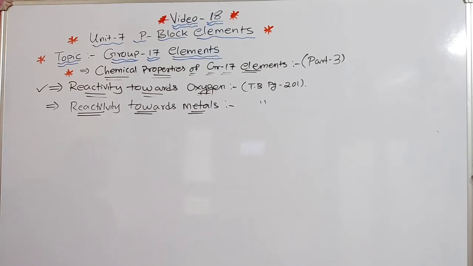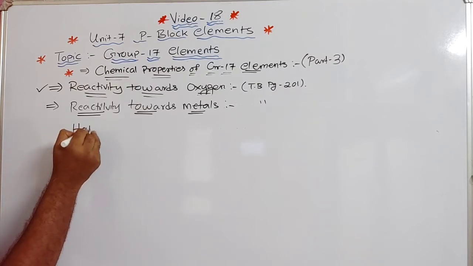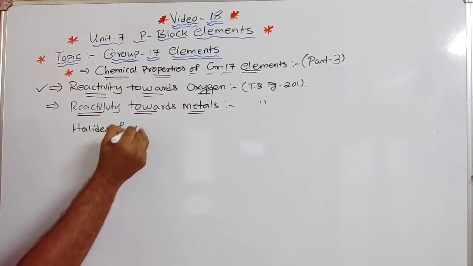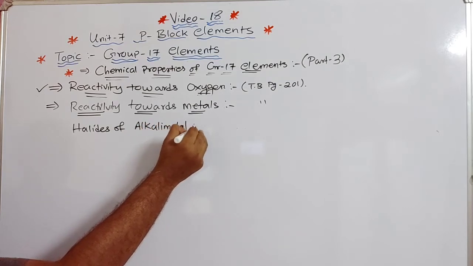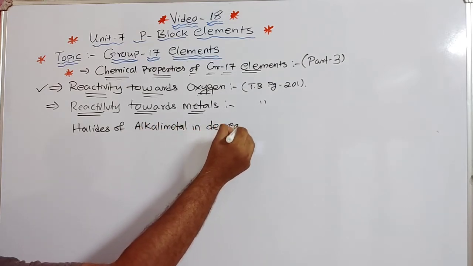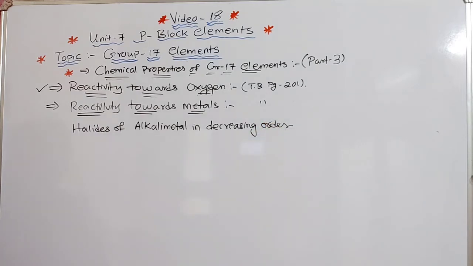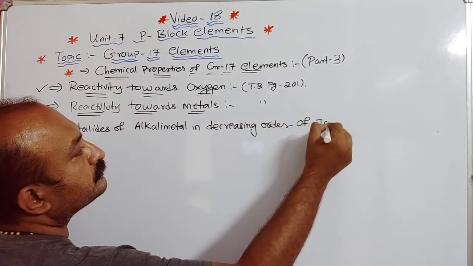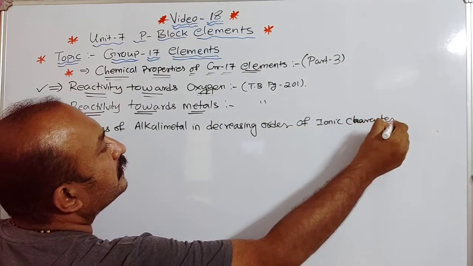Now in this case, when we write the halides of alkali metals in decreasing order of ionic character, clear?